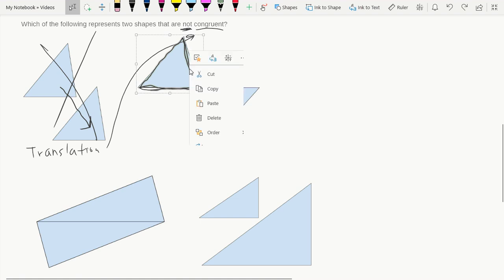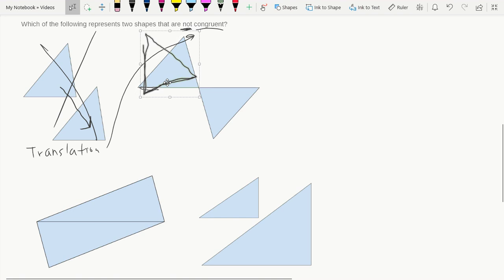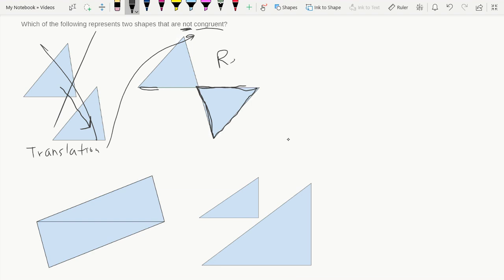All right, so let's rotate 90. And let's rotate 90 again. Yeah, look at that, guys. So that, look, boom. If I rotate it, it lands perfectly, so it's congruent. So it can't be that.